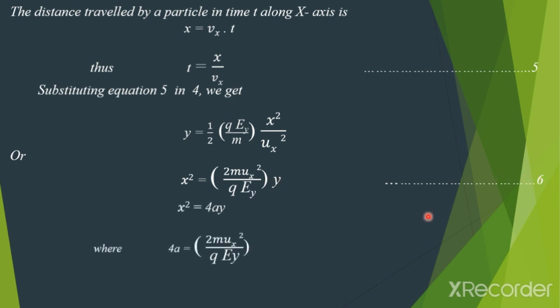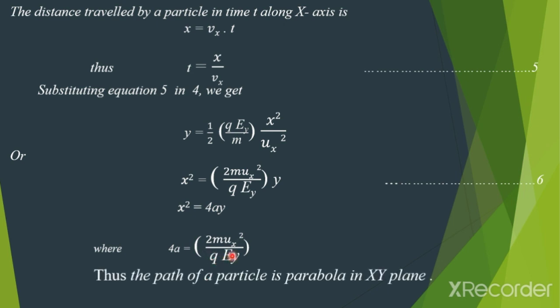Now compare this equation with x square equal to 4ay. What exactly is 4a? 4a is equal to twice m ux square divided by Q into Ey.